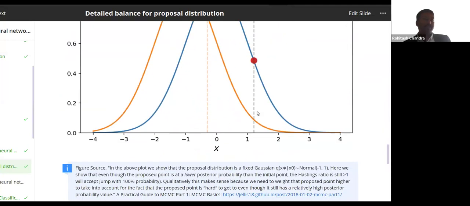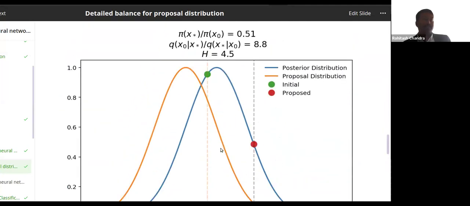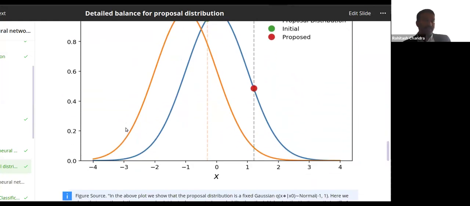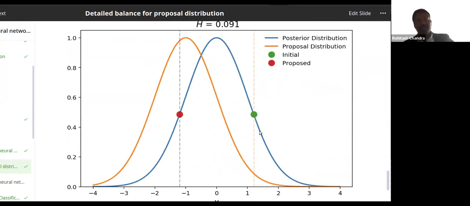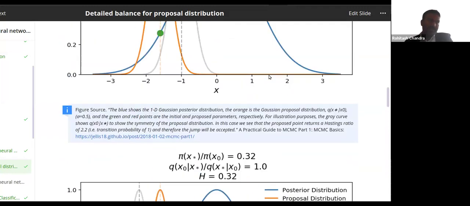But it can vary, and if your step size is very large, like this, then your proposal distribution shape becomes large, right? And the uncertainties become higher in sampling effectively from different regions of the posterior distribution.